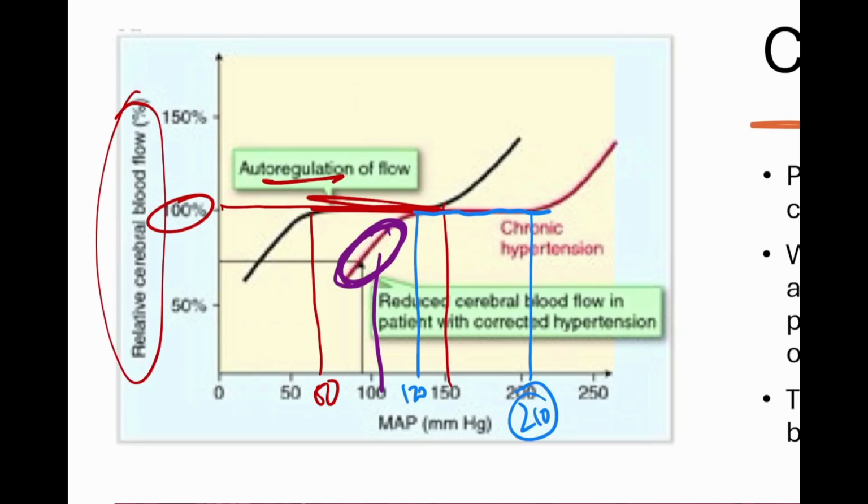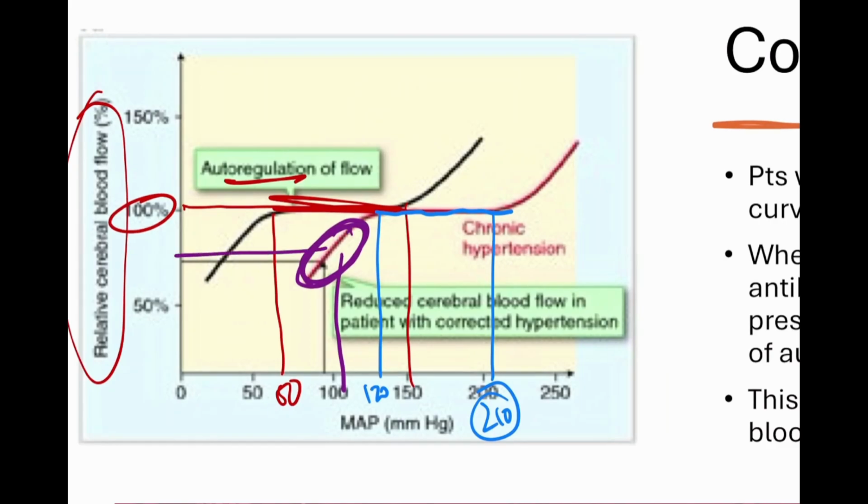Confusion, lightheadedness, dizziness, because now the brain is not being perfused at 100% anymore. Now we're in 75% in that range. Eventually, the brain blood flow will go back to normal once you get used to that change in the blood pressure.